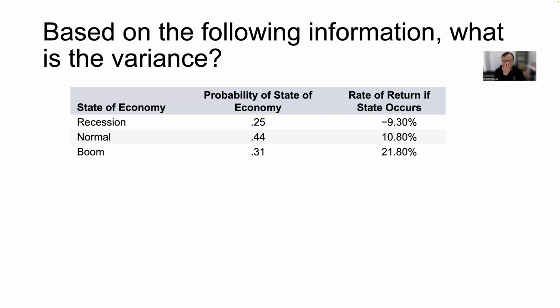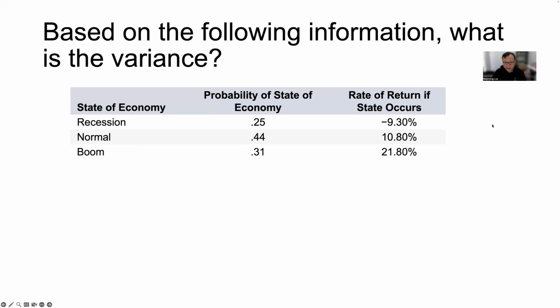In this question, what is the variance? We first calculate the expected return. You apply the probability for each outcome to the outcome return, so that gives you the expected return.